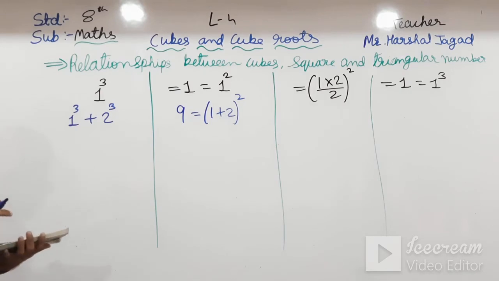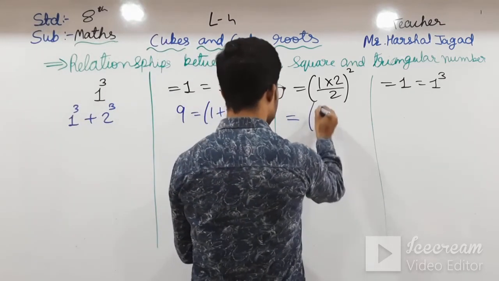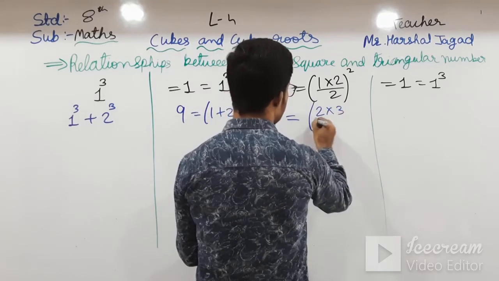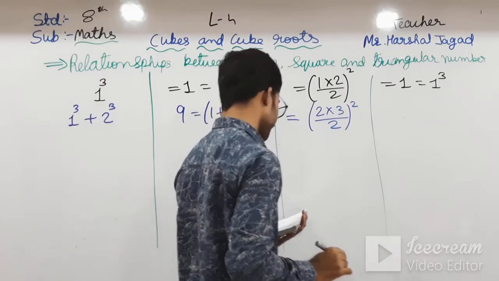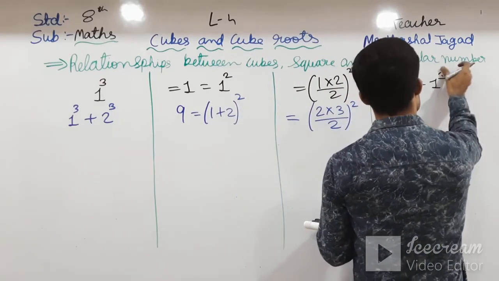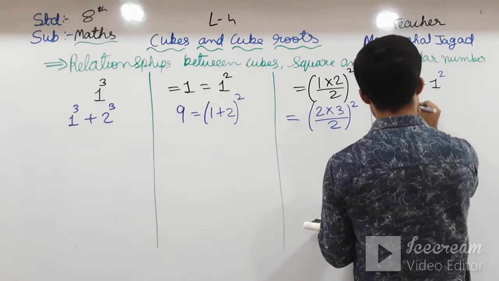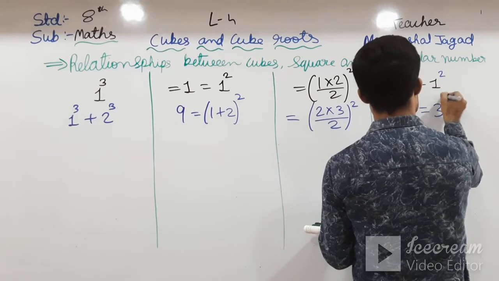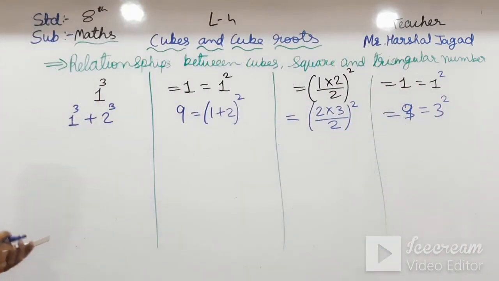Next we can also write 2 into 3 by 2, that is 3, so 9 is equal to 3 square. You can see, students, how it is related with each other.